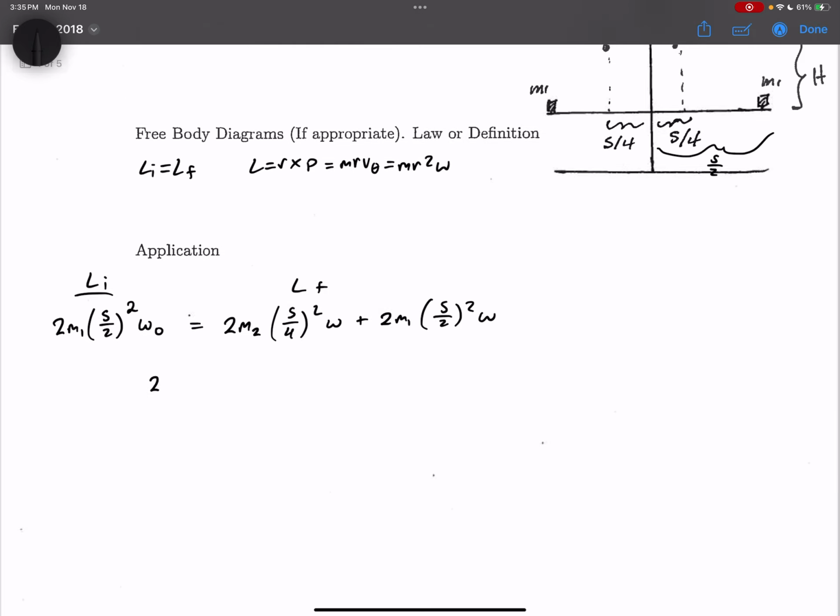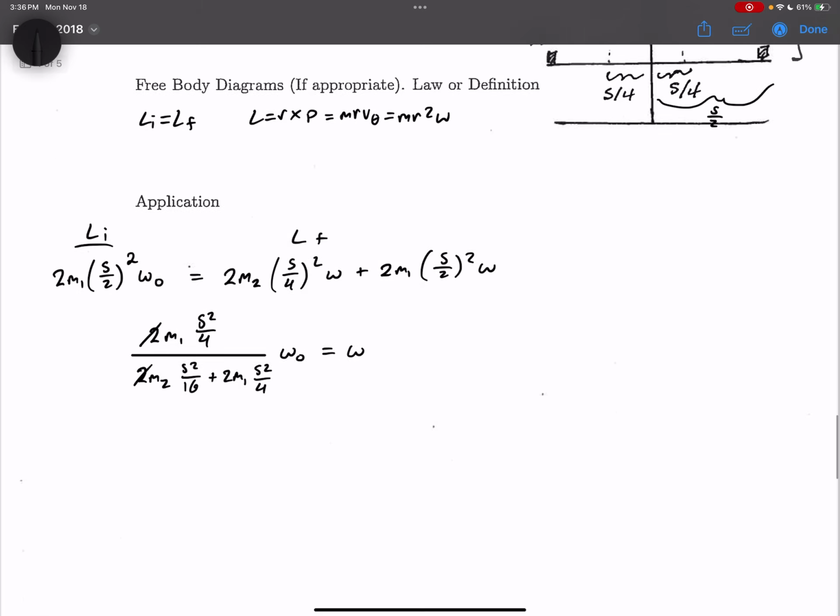So we can write 2m1 s squared over 4, 2m2 s squared over 16 plus 2m1 s squared over 4 times omega naught equals omega. We cancel out all these 2's and all these s squares.